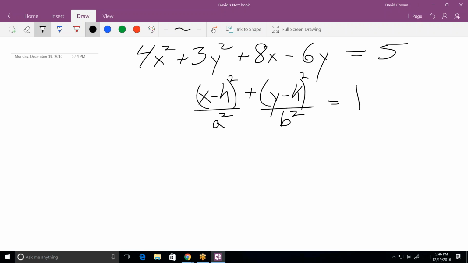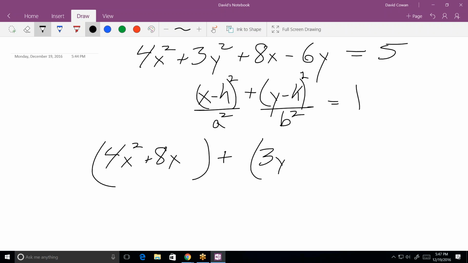Okay? So, to put this polynomial into this general format, work me through it. Group the x's and y's together and complete the square with both of them. Well, first, you should take out the 4 and the 3 from both binomials.